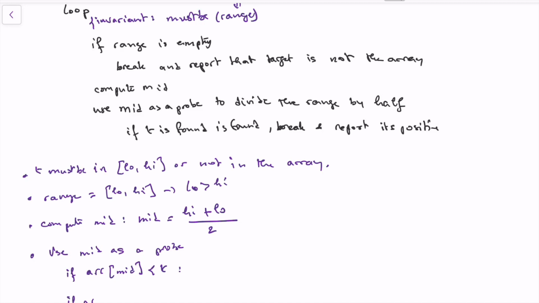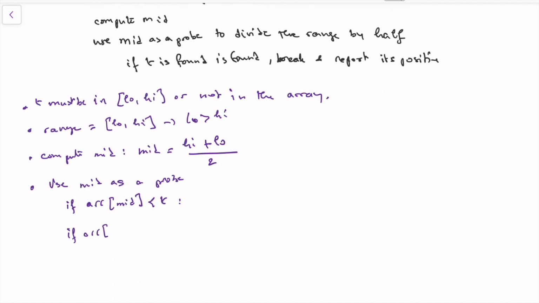And if array mid is equal to t, we are going to do something else. Let's call these actions A and B. So here we will do A, here we'll do B, and here the other thing we'll do C.